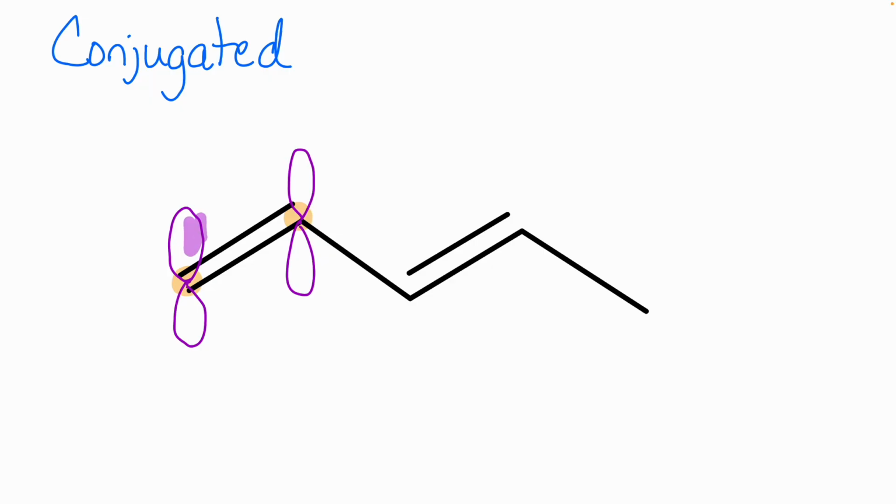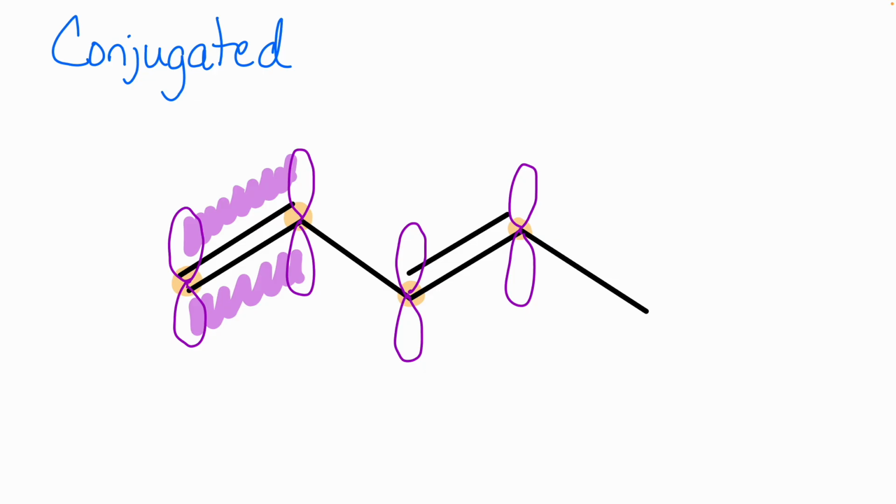And it's the overlap of that orbital that makes up that carbon-carbon double bond, the second, the pi bond. If we go next door, we have the same thing. These two are also both sp2 hybridized, meaning that they also both have that p orbital. And again, it's the overlap of that p orbital that makes up that carbon-carbon double bond, that pi bond.